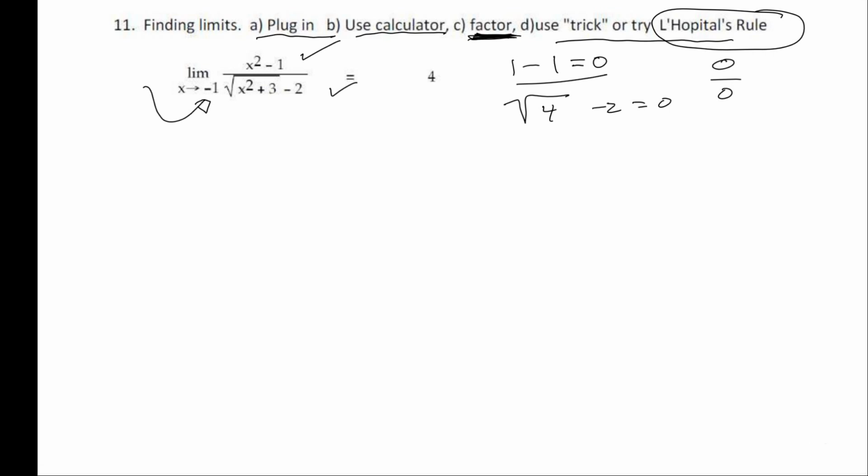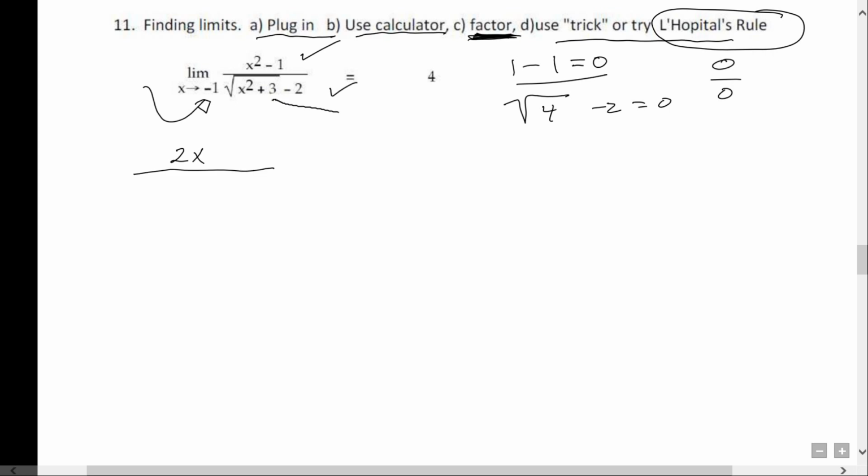And then plug in. Well, the derivative of the numerator is 2x. The derivative of the denominator, we would have to write this as x squared plus 3 to the 1/2 power minus 2, and then take the derivative, and you can see that would be 1/2 x squared plus 3 to the minus 1/2 power times, remembering the chain rule, times 2x.